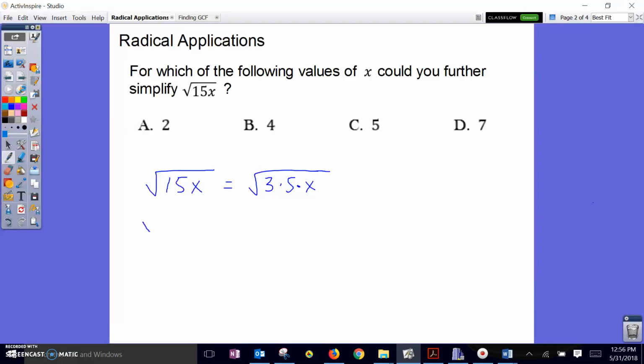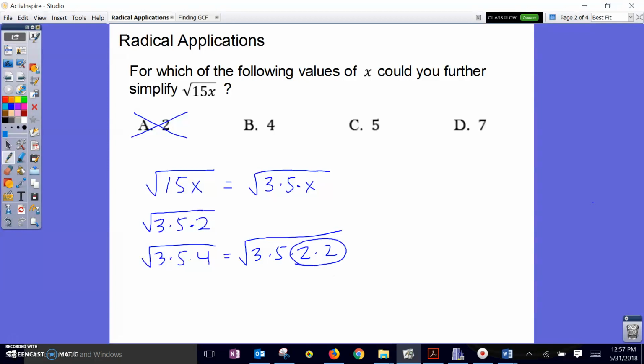So let's try out 2. If I put 2 in here for x, 3 times 5 times 2, I don't have any factor pairs. So this one does not work. If I put 4 in there, well, remember that 4 is 2 times 2.